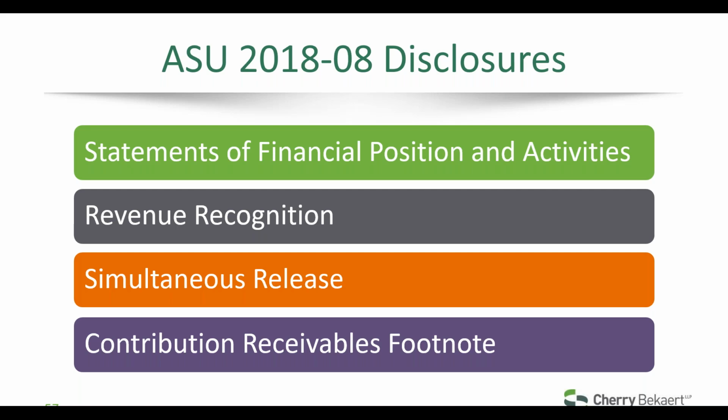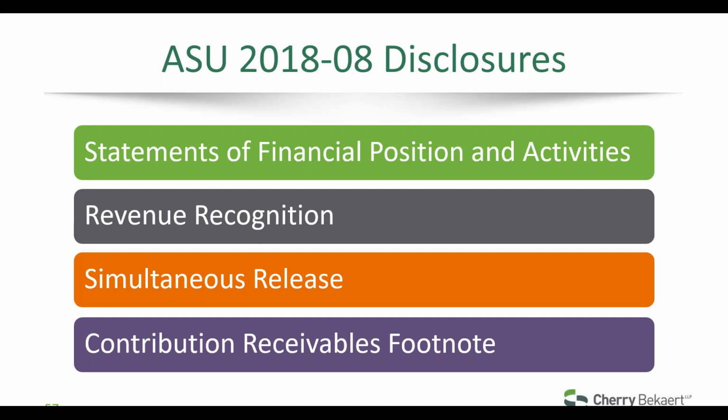So you can't have the simultaneous release for some categories of revenue and not for others. And basically, in some of the trainings I've done on this, a lot of not-for-profits are saying, you know what, for my grants and my contributions, I don't think I'm going to use the simultaneous release because they want to show that those conditional contributions of those grants are with restrictions and then flow them through.